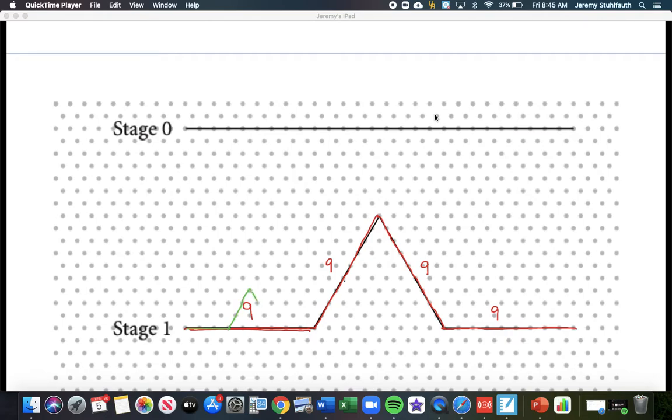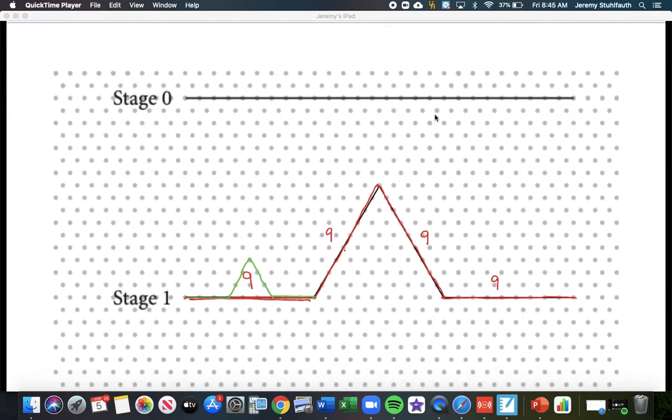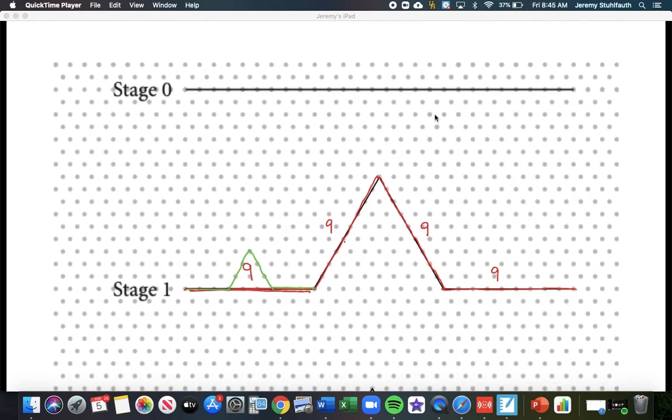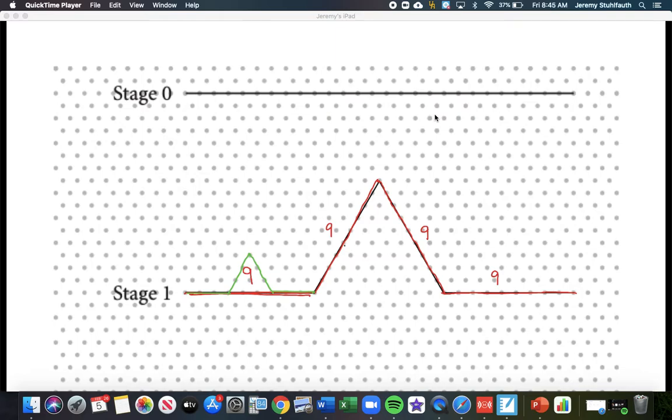So 3, 3, and then continue. You're going to draw your stage 1 and stage 2 below stage 1. Try to replicate that, then unpause the video and we'll take a look at what it should look like.